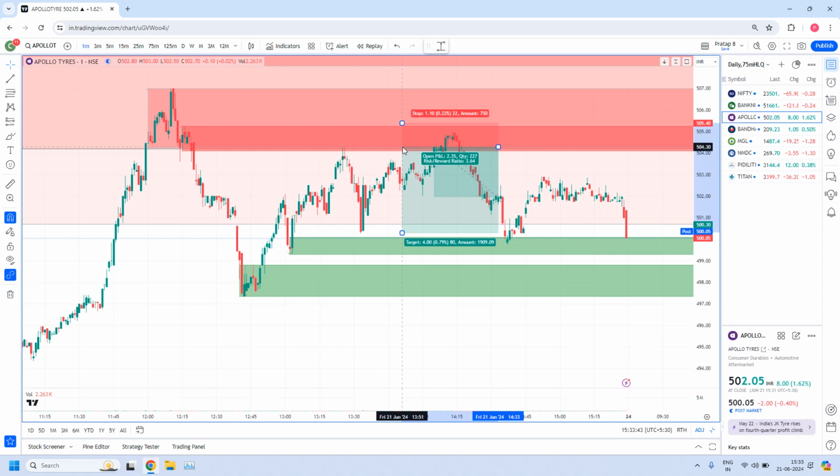Within the fine-tuned 75 minutes I am adjusting. And your target is here. We are getting 1:3.65 RR. 1:35 RR.